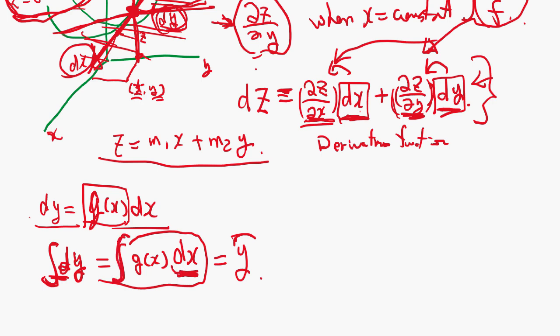Okay? Now, again, let me emphasize, when you write this way, this one is not a division by dx. This is just the symbol, same as f prime of x, and this prime is much easier than this way.